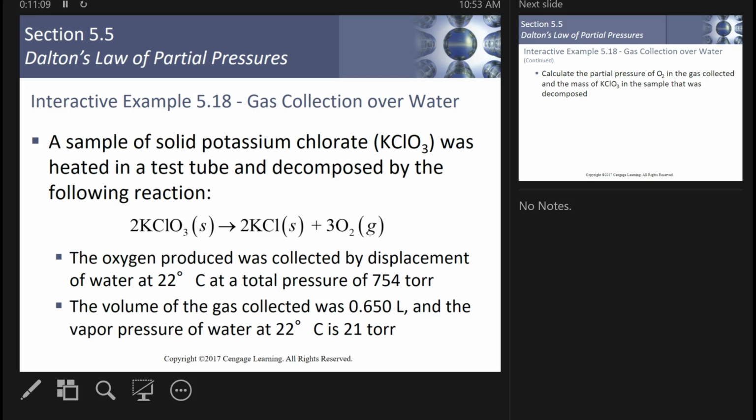To find the number of moles of O2 by using PV equals nRT. But it's not at a normal temperature. It's at 22. If it was at STP, then you could do the 22.4 liters. Oh, right. You can still use PV equals nRT. Yep. You use PV equals nRT when it's not at STP.